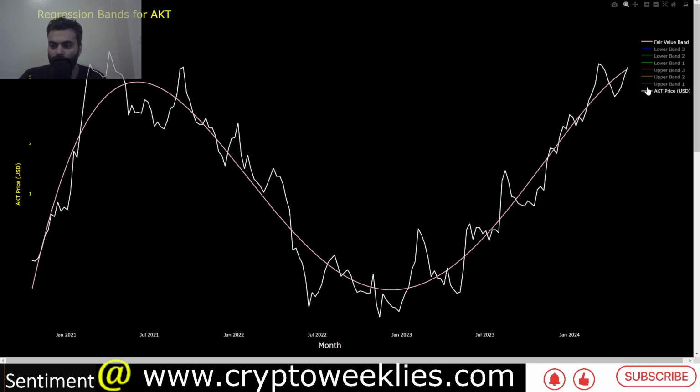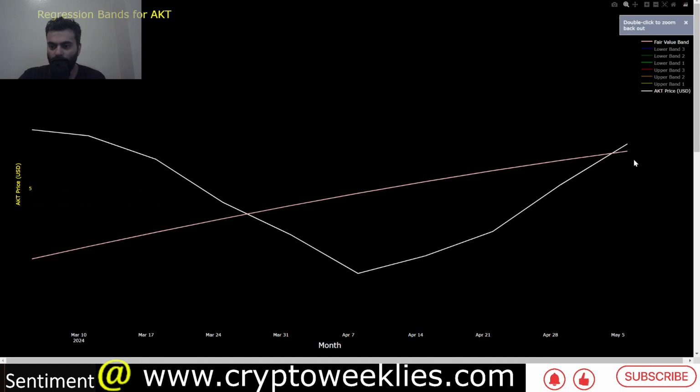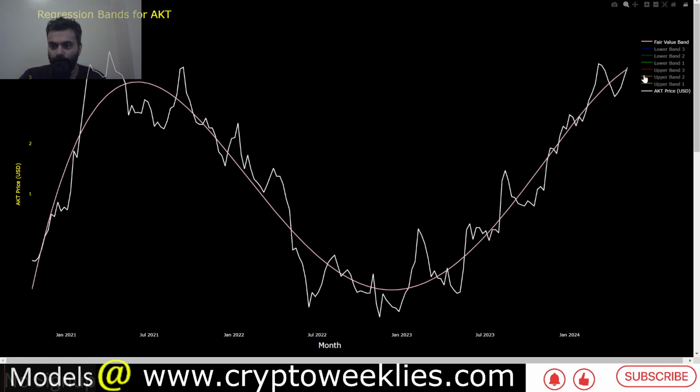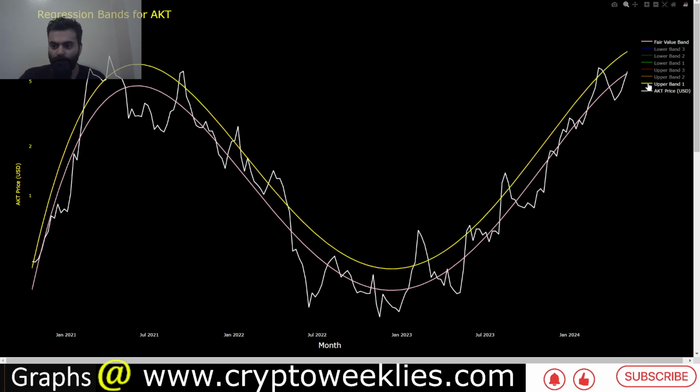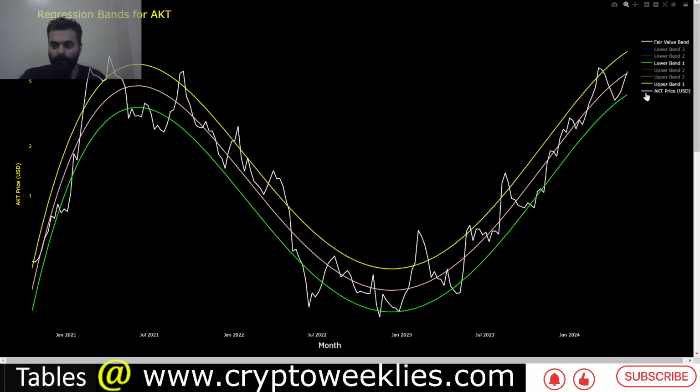So currently the fair value of Akash is at around $5.60, whereas the price action is slightly above it at around $5.70. So this is something that we had trained today, and now we'll go to one standard deviation residuals to the upside and one standard deviation residuals to the downside. And if you check historically, this covers about 70% of the price action.